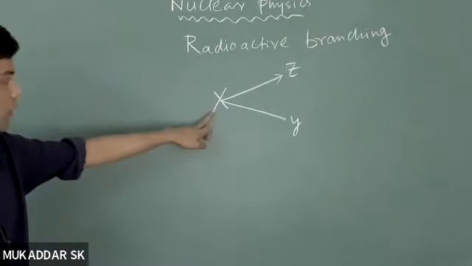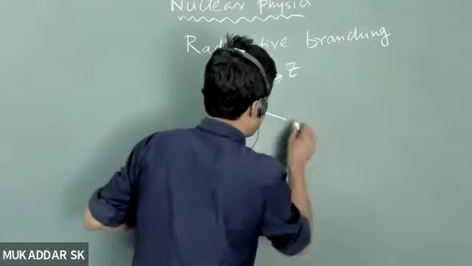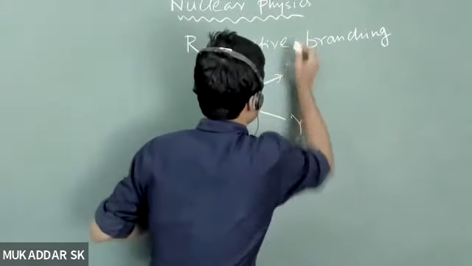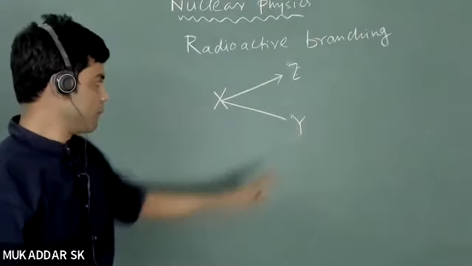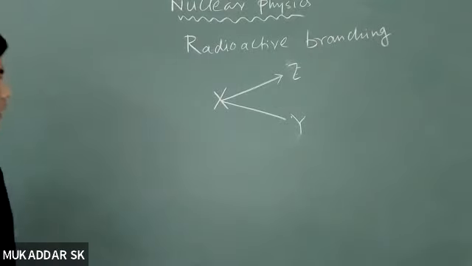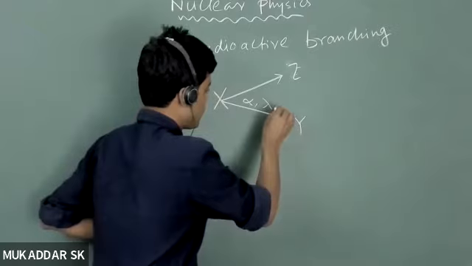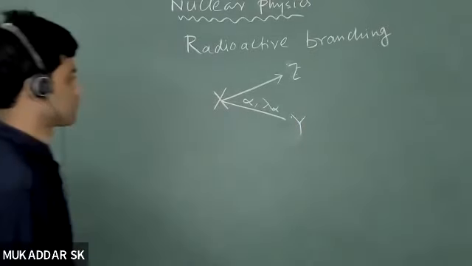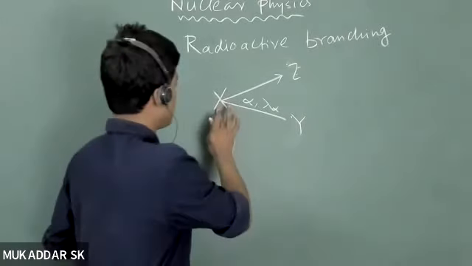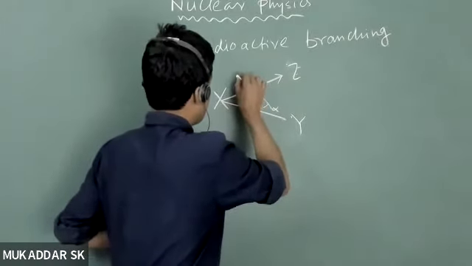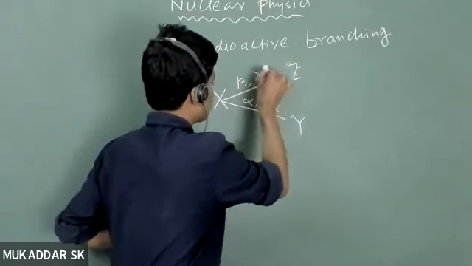Suppose this X parent nuclei is decaying to Y daughter nuclei by emitting alpha particle with decay constant lambda alpha. At the same time, this parent nuclei is decaying to Z by emitting beta particle with decay constant lambda beta.